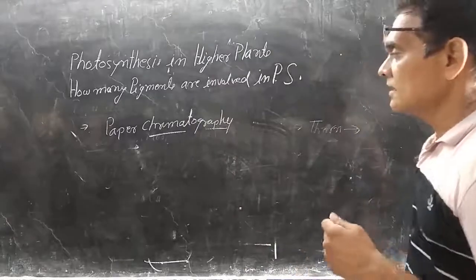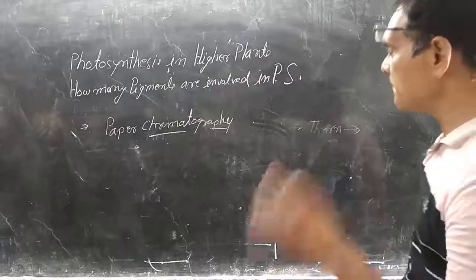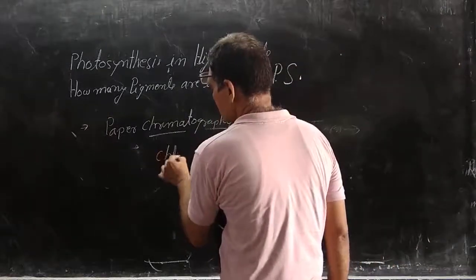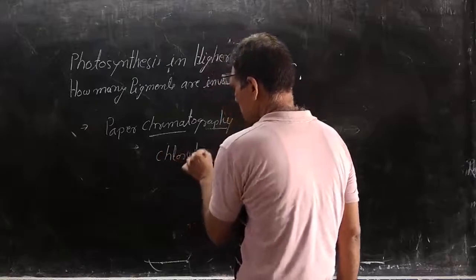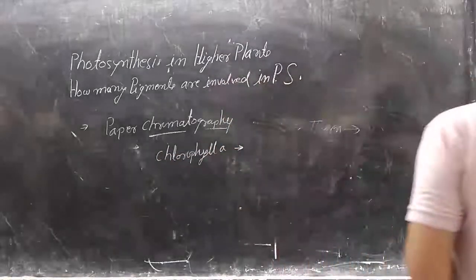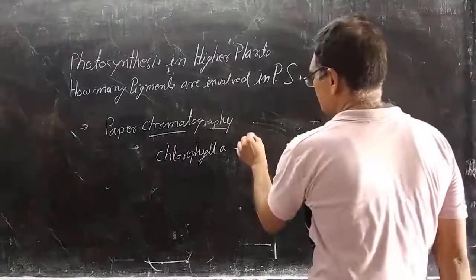If we separate the pigments, we find out that there are 4 different types of pigments. That is chlorophyll A, which is normally green color, or we can say blue-green color.